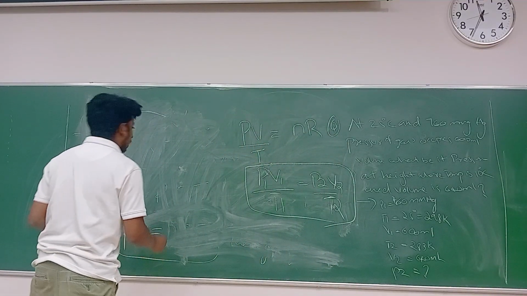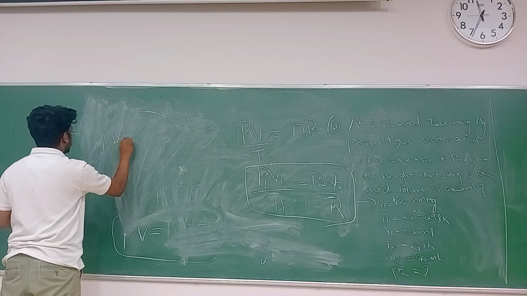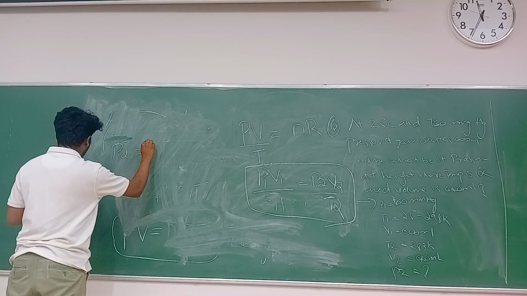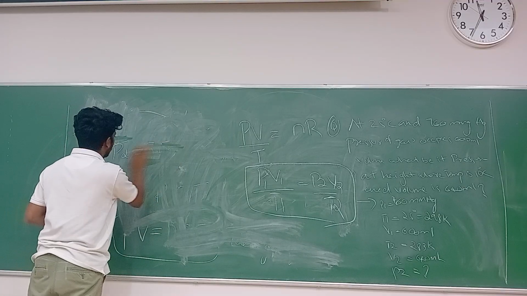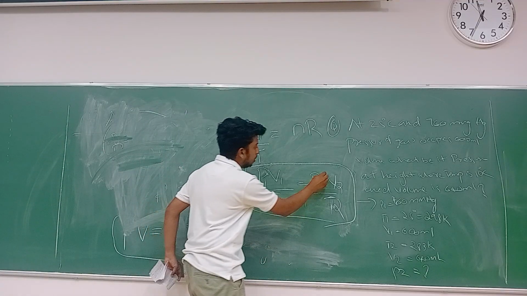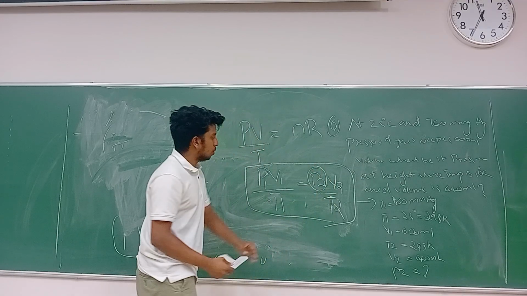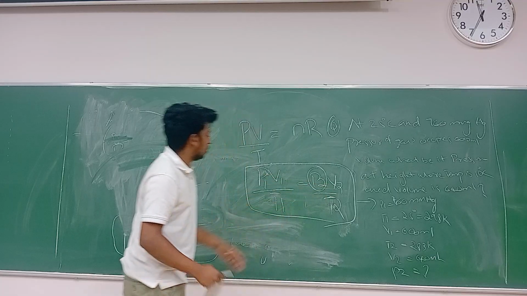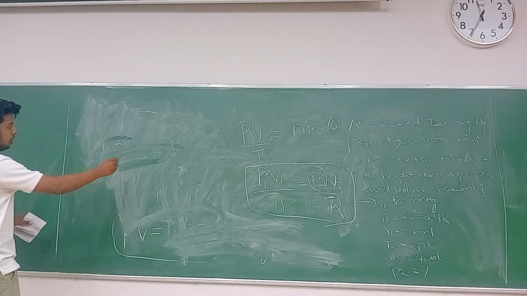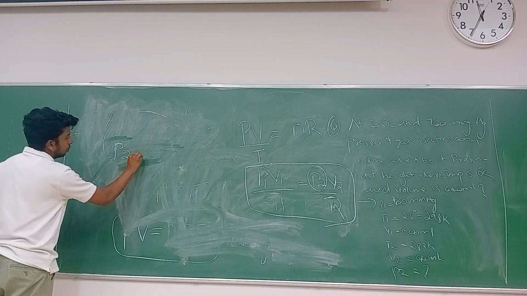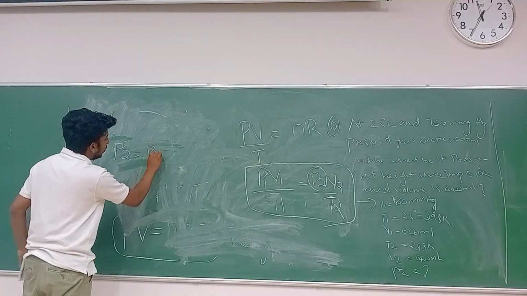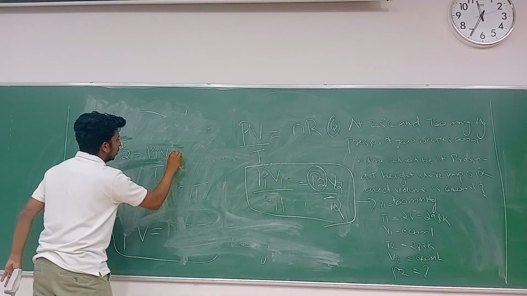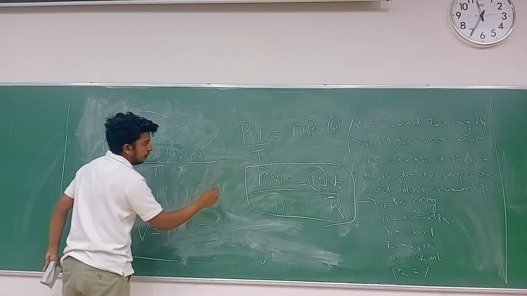From that we get P2 equal to P1, and we rearrange it: take T2 in the numerator and V2 in the denominator, and we finally get P2 equal to P1 times V1 times T2 over T1 times V2.